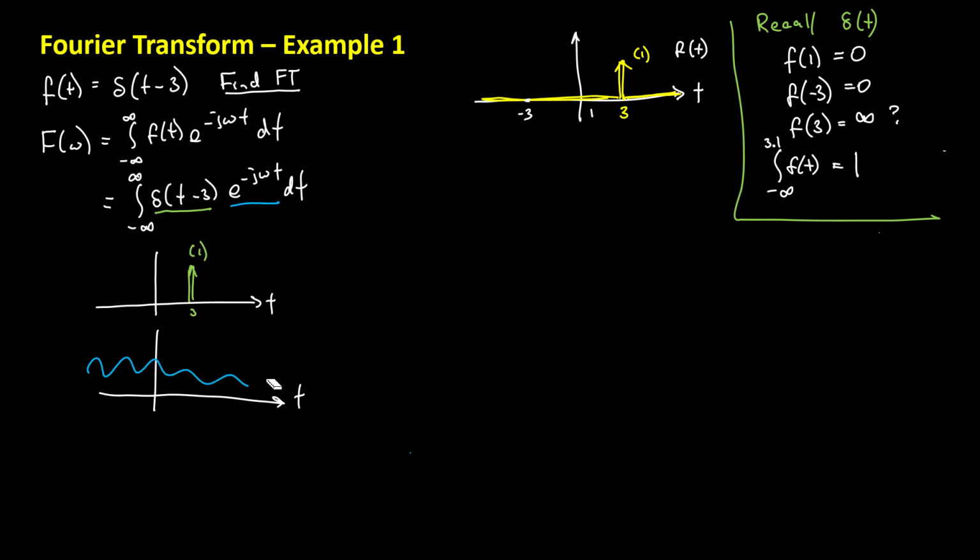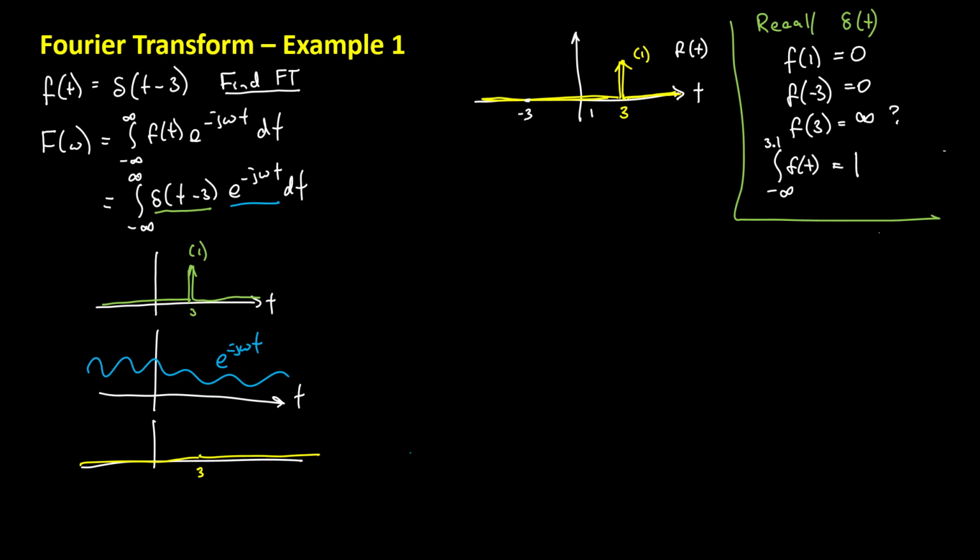So I'm just going to squiggle it and give up. But now I can multiply these across, and when I do, I can see that no matter what this is doing, this impulse is 0 everywhere except for t equals 3. So when I multiply them together, I've got to get something that's 0 everywhere except at 3.